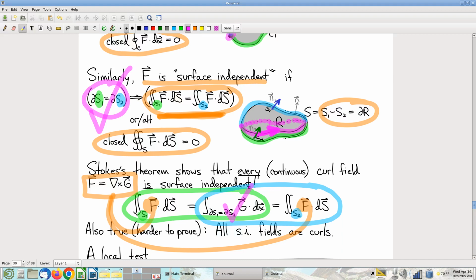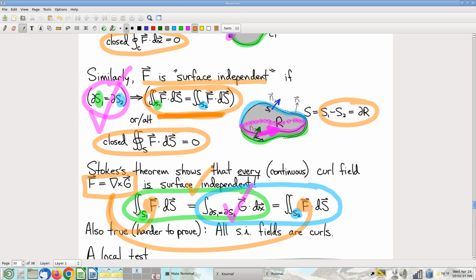And therefore, this is a surface-independent vector field. Now, another really healthy exercise is to look back at the analogous argument that we made back in Chapter 6, observing that all gradients are path-independent. Here, we're using a context different, of course, but analogous argument to show that all curls are surface-independent.